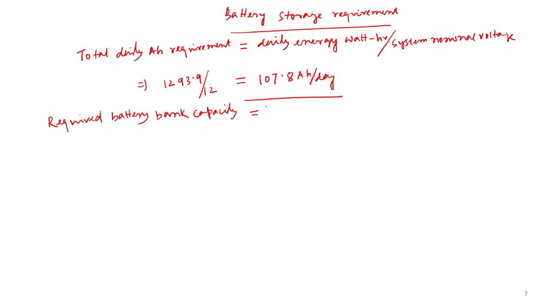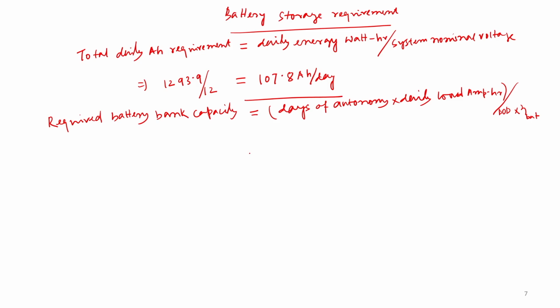It will be the days of autonomy multiplied by daily load in ampere hour, divided by battery DOD multiplied by battery efficiency.